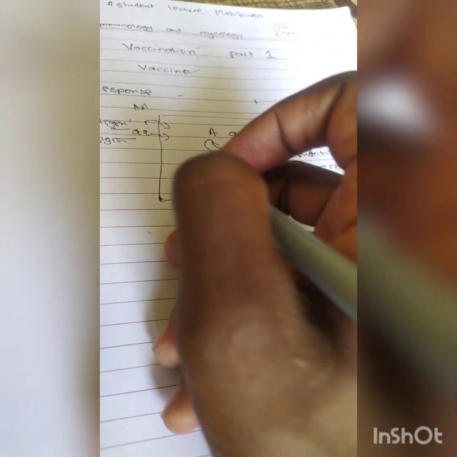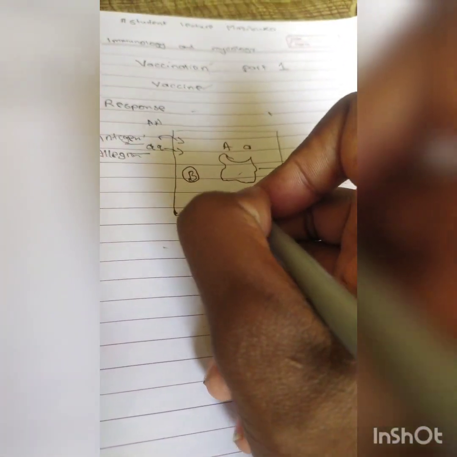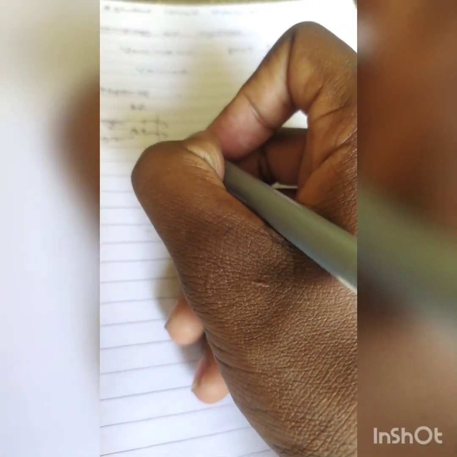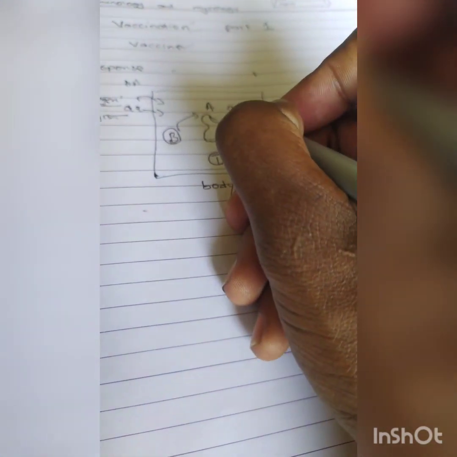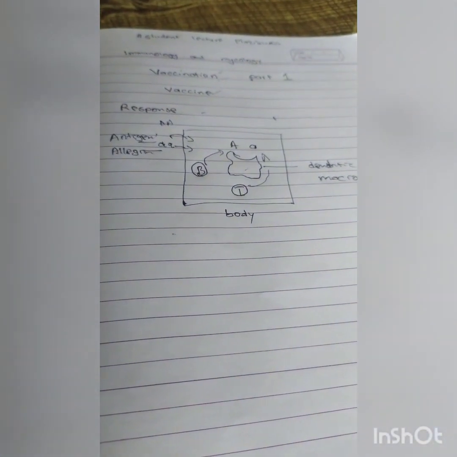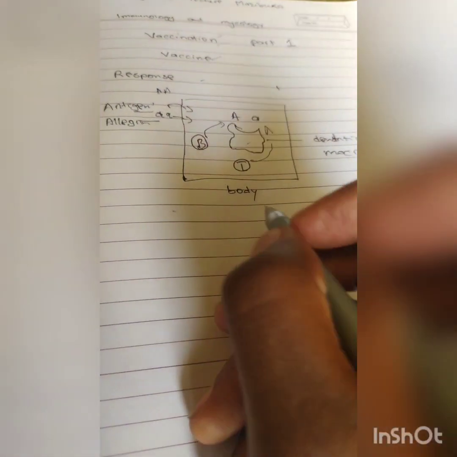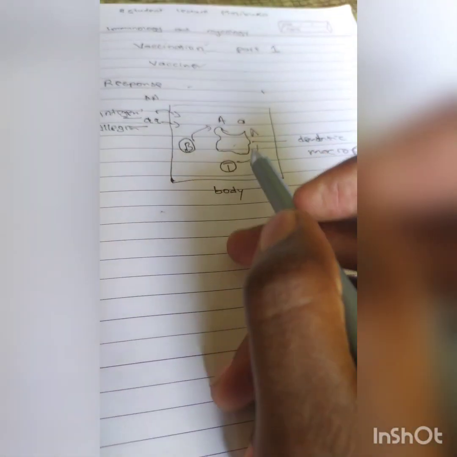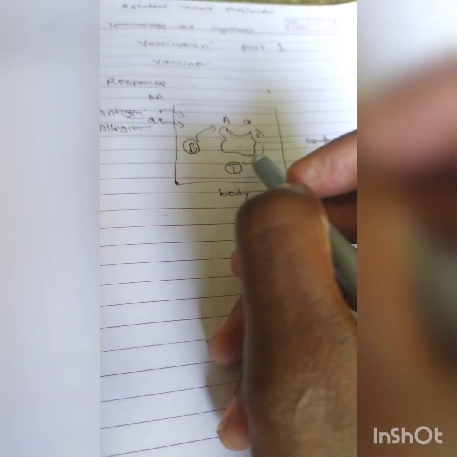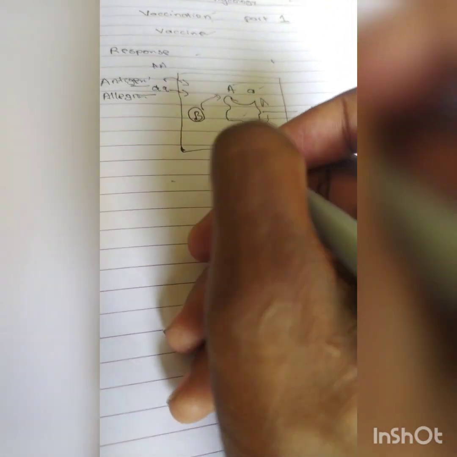But at the end of the immune response, there will be production of B cells and T killer cells. All these cells will be produced in response to the antigen. You understand? So after the body has fought against this antigen, the body produces copies of B cells.